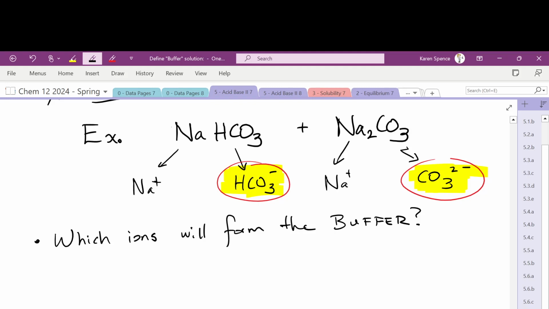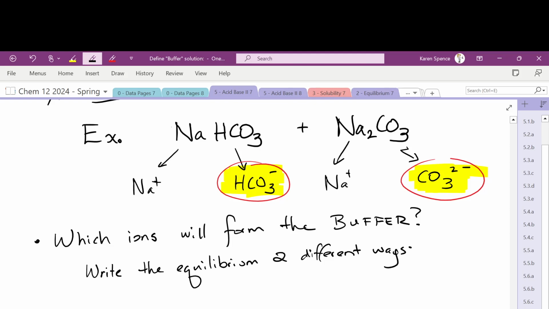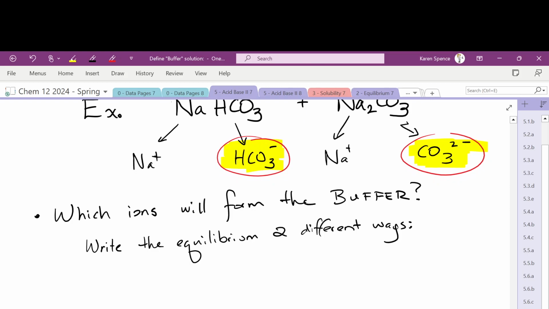Actually, could you write this equilibrium two different ways? Include water in there.